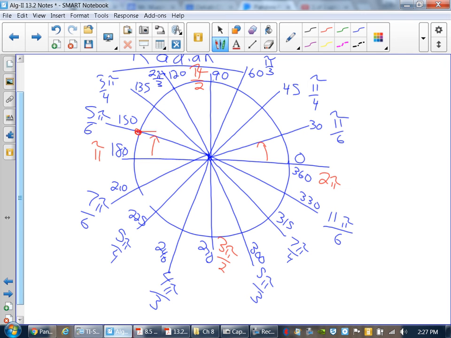Which means they're going to have the same set of ordered pairs, but they're going to be flipped as far as the signs, and that's how we build coordinates.